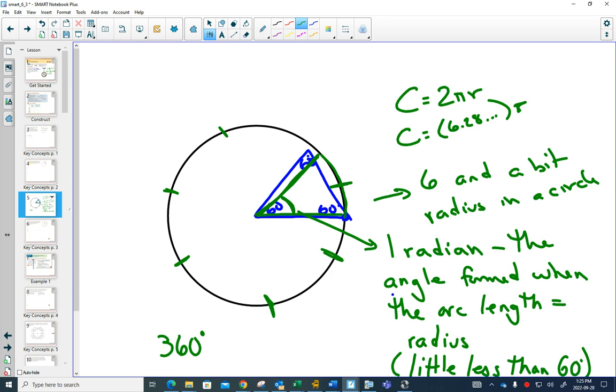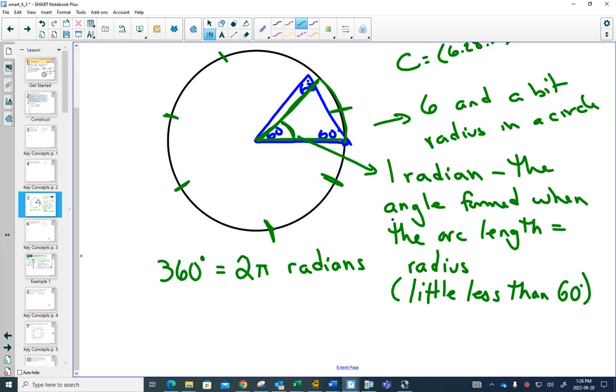How many radiuses are there in a circle? Well, from your circumference formula, there are 2 pi radiuses in a circle. So we can now say we have this definition, that 360 degrees is the same as 2 pi radians.